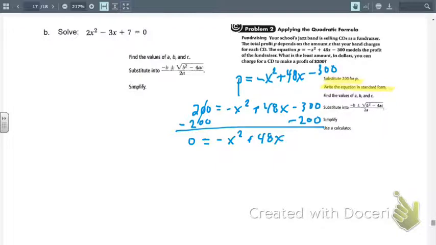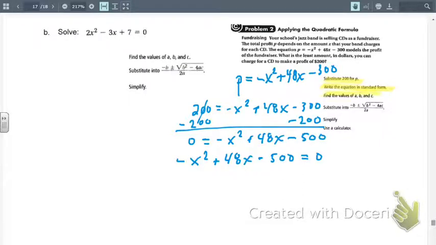And then a negative 300 and a negative 200 gives us a negative 500. Okay, and so I'm going to rewrite this as negative x squared plus 48x minus 500 equals 0. There's my quadratic equation.